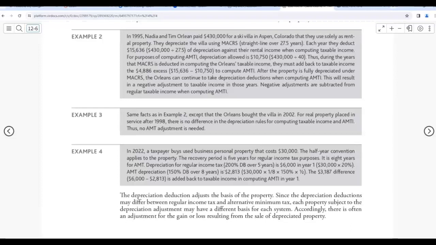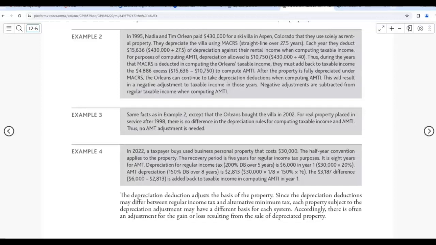So 20% times 2 is 40%. So it should be 40%, but the half-year convention is applying. So that means 40% divided by 2 in the first year, and therefore it will be only 20%. So $30,000 times 20% is $6,000 using 200% double declining.